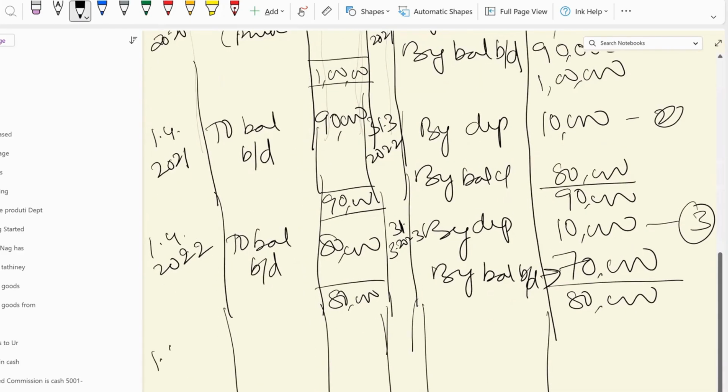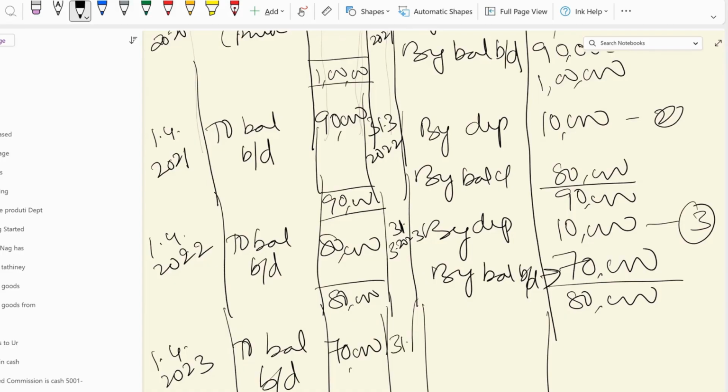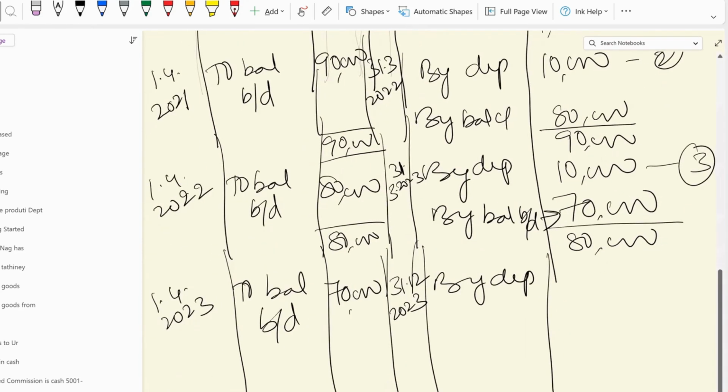Now come to 1/4/2023, to balance brought down is 70,000. But when did we sell this? We sold it on 31st December 2023. So how many months have we used?